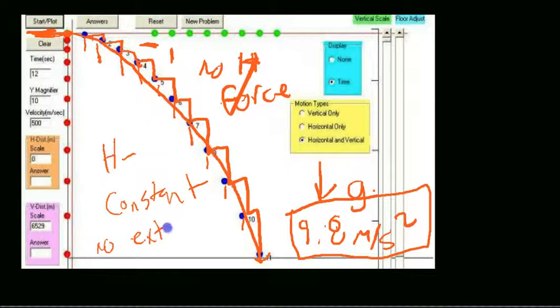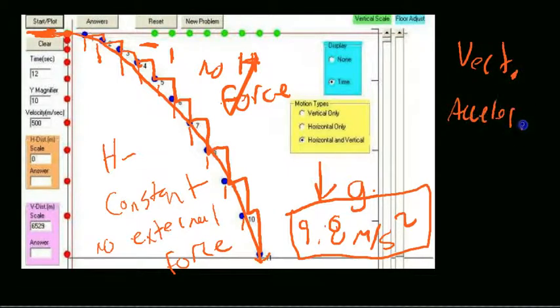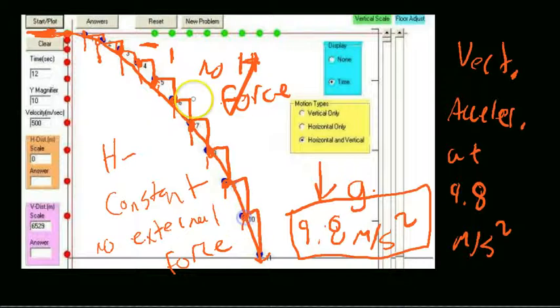No external force, right? But downward, vertical, V, is accelerating at 9.8 meters per second squared. So the result is a ball that increases in vertical distance each second but remains constant in horizontal distance each second. And that is a basic introduction to parabolic projectile motion.